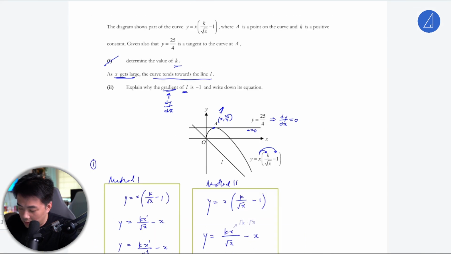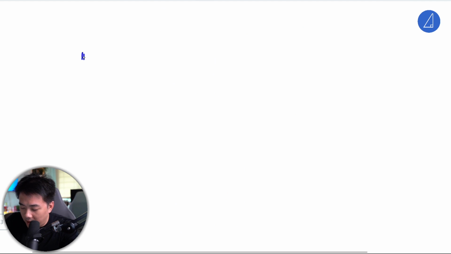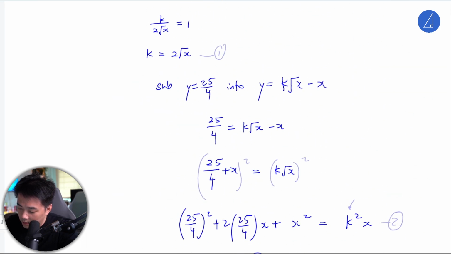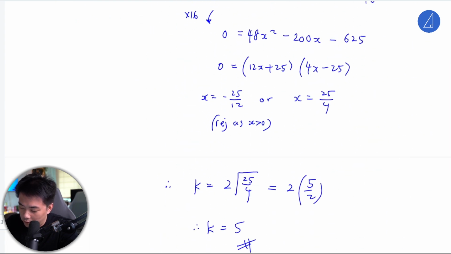Write down the equation. So what we need to do is essentially, for part 2, as x goes to very large, okay, you don't really need to write all these values down, but let's look at dy/dx. What is dy/dx? dy/dx is k, 5/2 root x, minus 1.